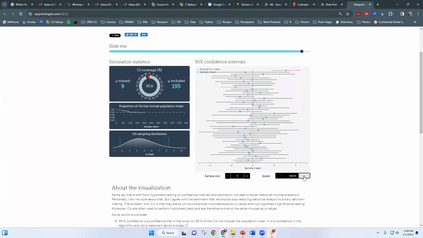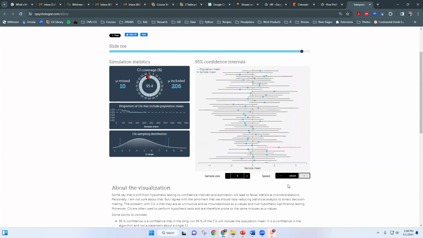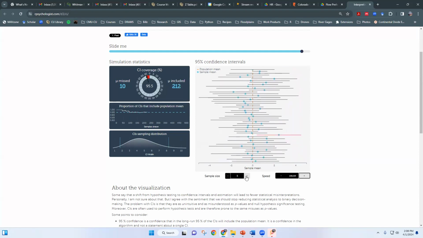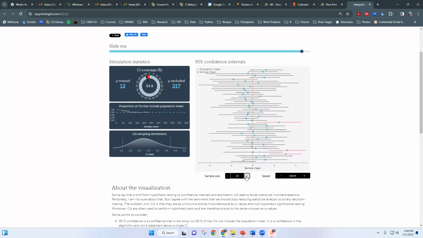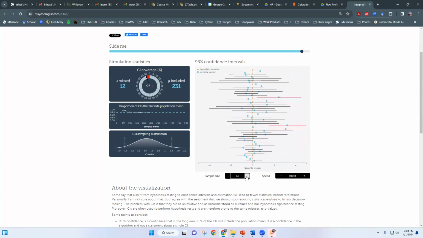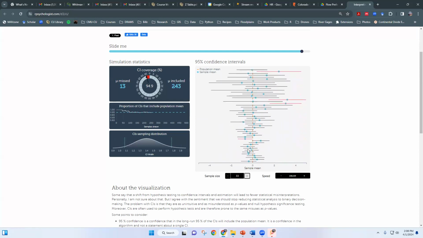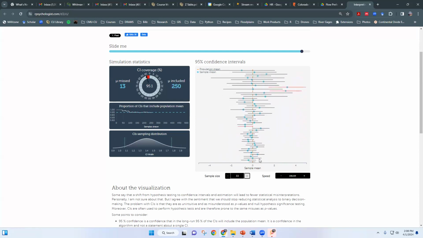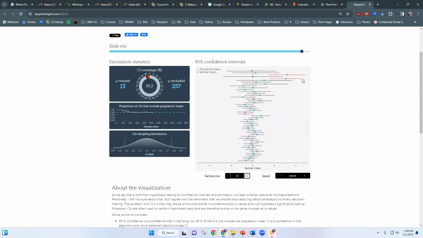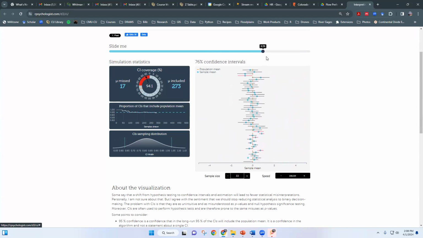Now I can speed this up and crank it up. I can increase my sample size, and as my sample size goes up, my confidence interval reduces because we're dividing by the square root of n. Then I can also reduce the confidence level. Let's do a 90% confidence interval.